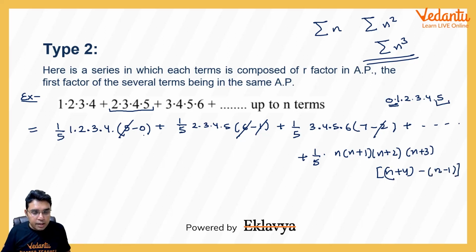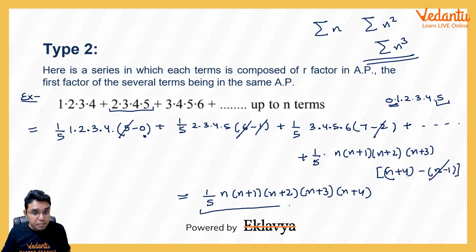Now because here the term with minus sign has remained, so here the term with plus sign will remain. This n minus 1 multiplication with n plus 1, n plus 2, n plus 3 will cancel, you can check. So the answer here would be 1 upon 5 into n plus 1 into n plus 2 into n plus 3 into n plus 4.